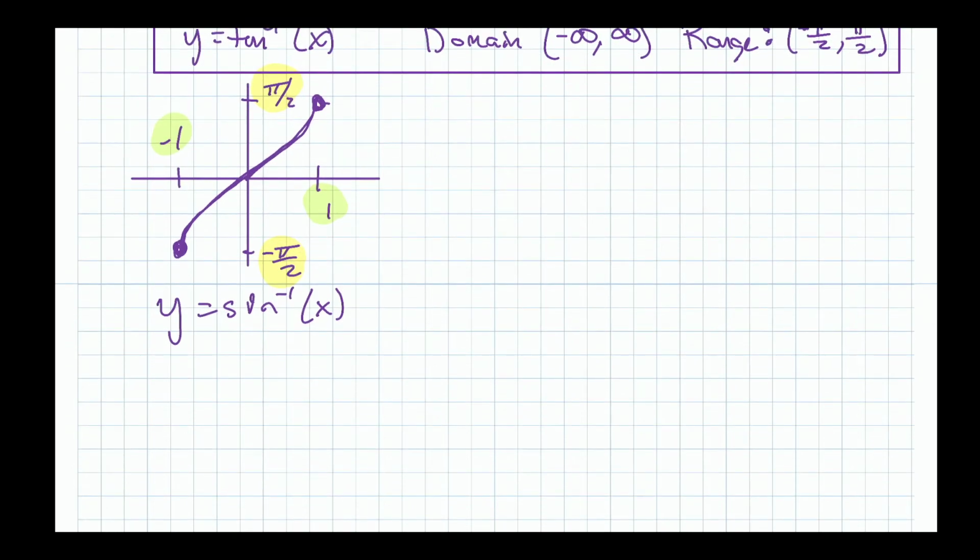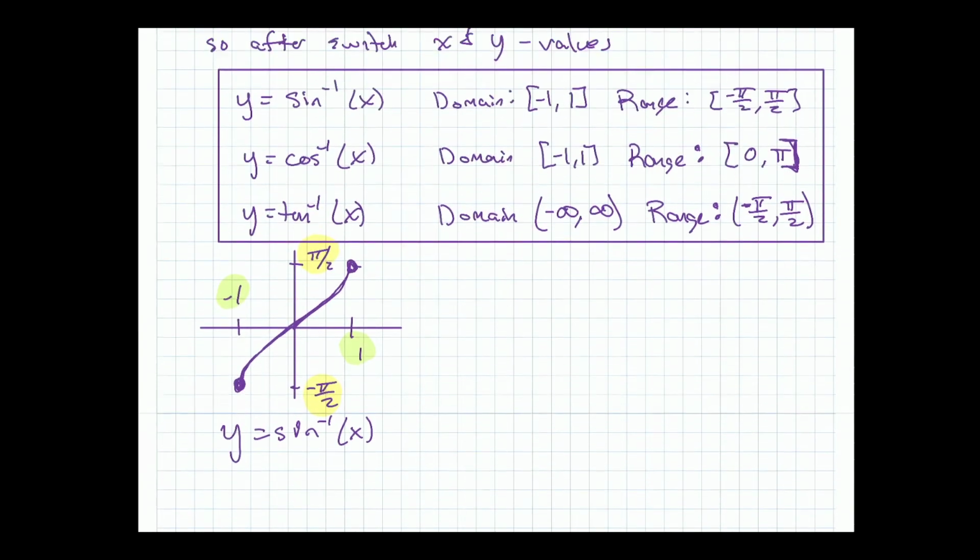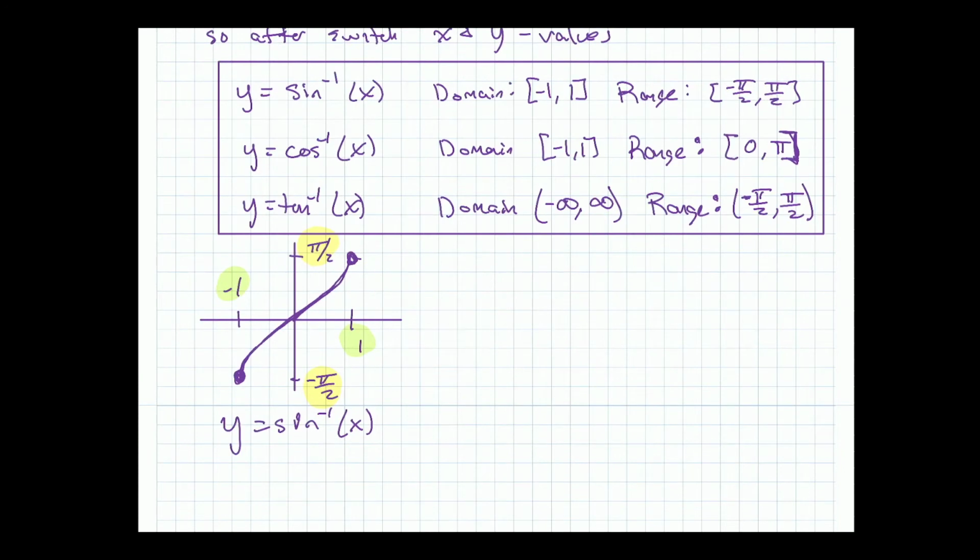Awesome. So that's sine inverse. Now, cosine inverse is going to have kind of the same idea, but if you look, the domain is negative 1 to 1, but the range is 0 to pi. So cosine inverse is going to look like this.